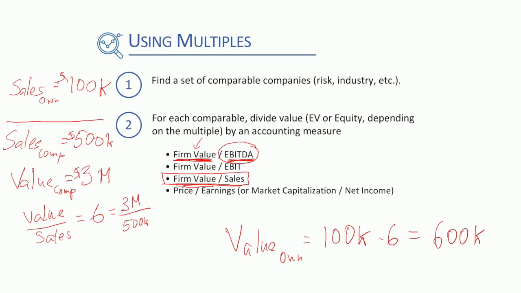This is a very simple procedure that does not require discounting many cash flows, because in a way, we are using the fact that someone else did all of that discounting to come up with this $3 million number. And we're just borrowing the valuation that somebody else did in order to produce our own valuation for our own firm.